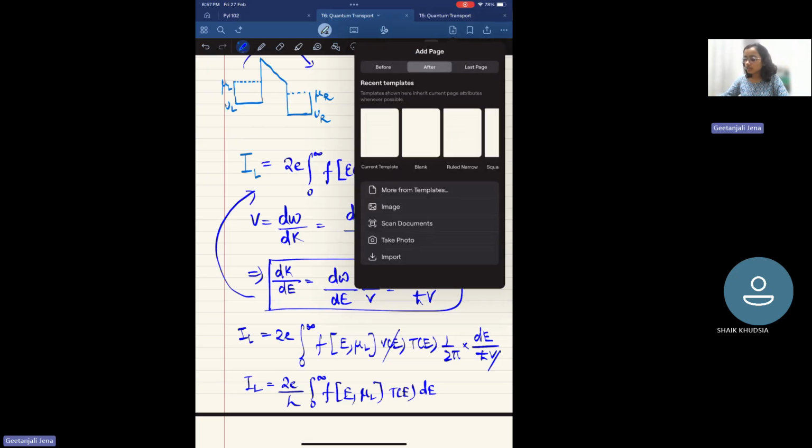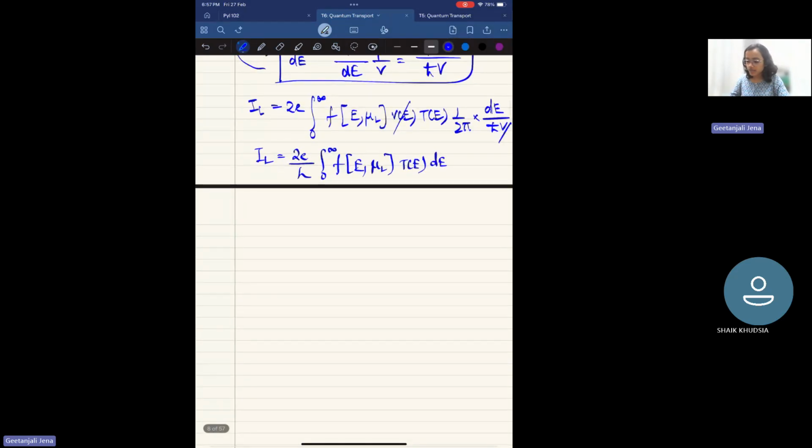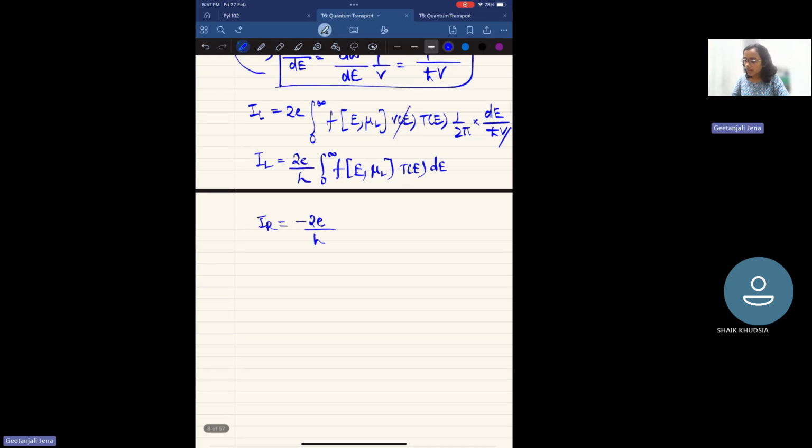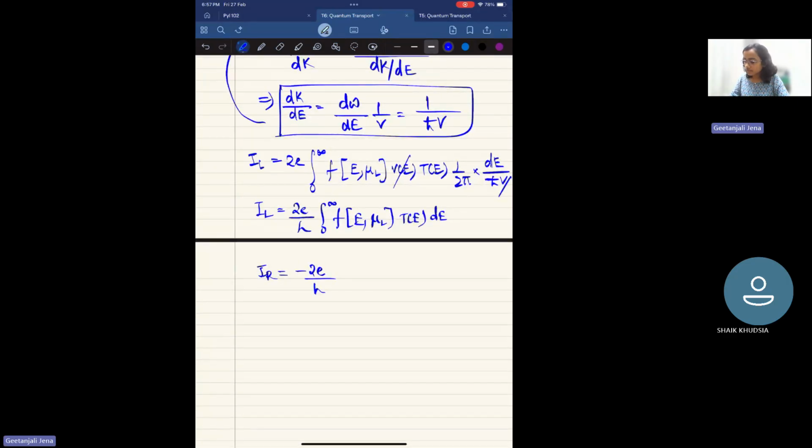This is for the right propagating wave. For the left one, we have the same case, but the sign will be changed because it is moving in the backward direction.